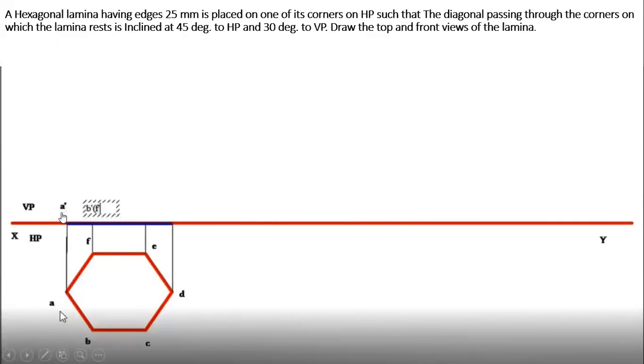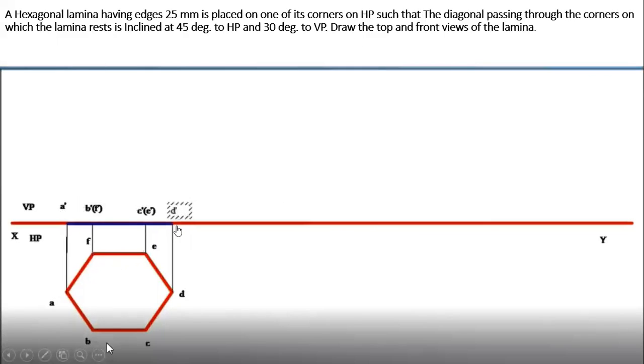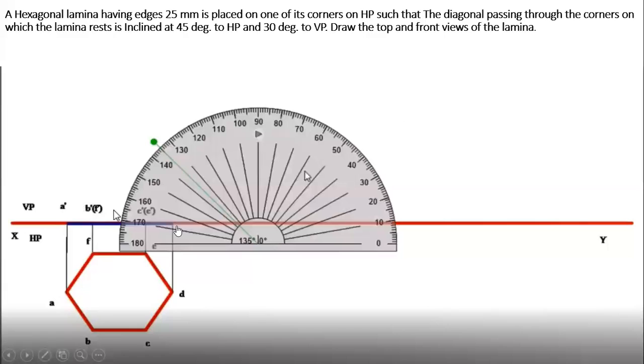So write in the front view A dash, B dash in bracket F dash, C dash in bracket E dash because E is hidden, and D dash. From A dash to D dash it should be of visible line thickness.